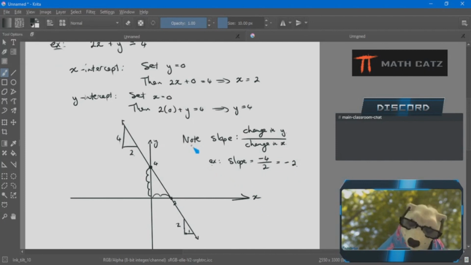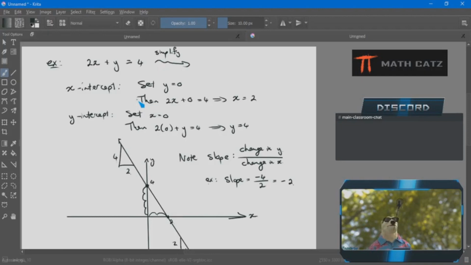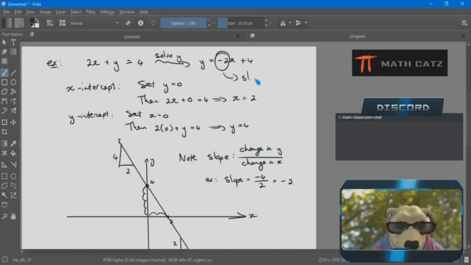When I simplify, it is already pretty simple. What I mean by simplify is when I solve for y in this general form, I'm going to get y equal to negative 2x plus 4. And that number in front of the x is the slope.